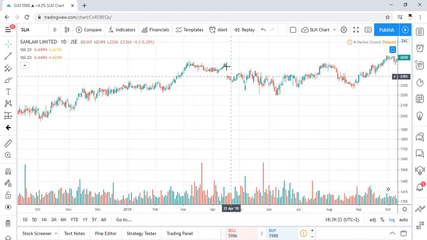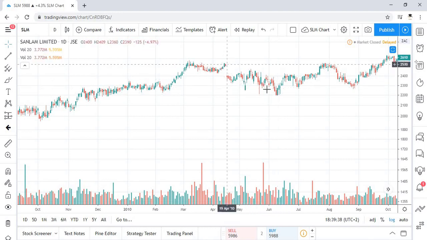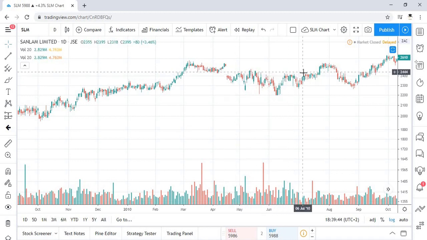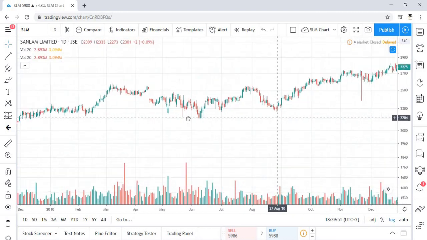Then it dropped into now the markdown range, but it didn't continue marking down for a while. Then it started moving into another zone, which you could call another reaccumulation zone or redistribution. Then it tried to go up, it went down again.